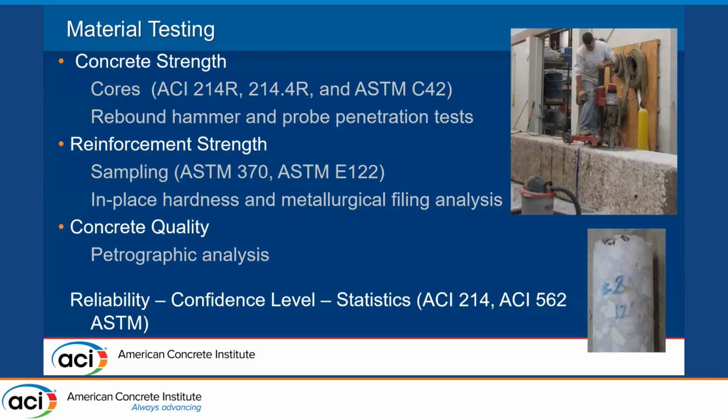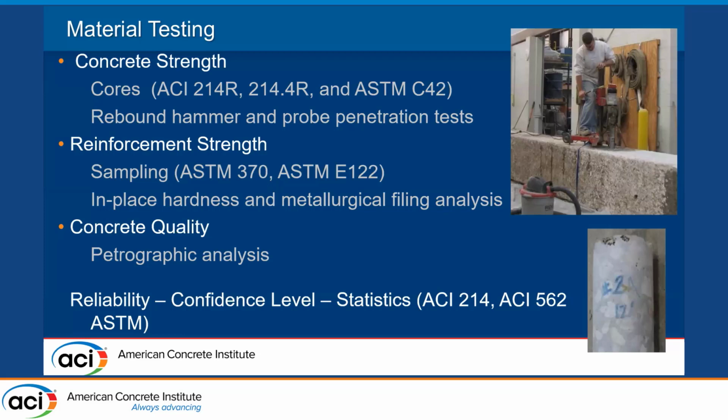ASTM has some examples of taking bars out and actually testing them. But then after you have a few tests, in order to determine uniformity, you can certainly test for in-place hardness and particularly metallurgical filings. They can tell you, yes, you have the same steel or iron in one place as well as another place. So you don't need to be taking bars out from everywhere because they get expensive then to replace.